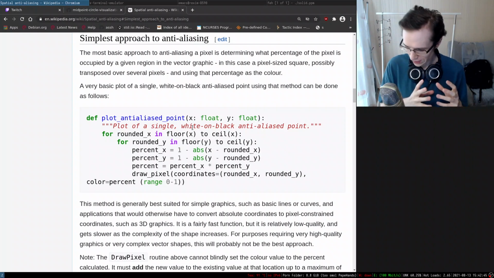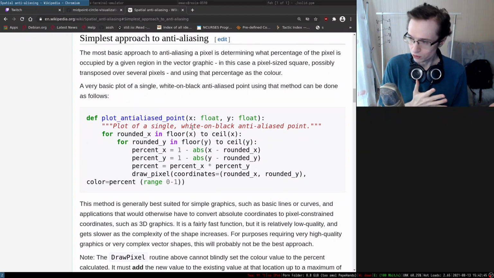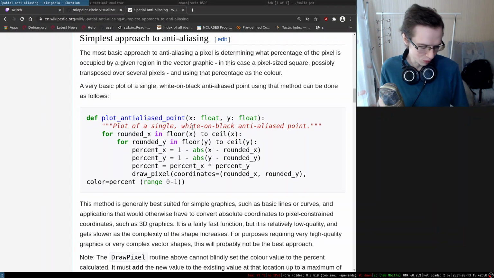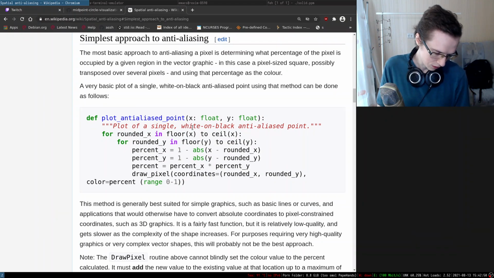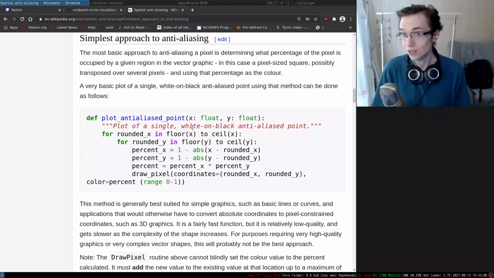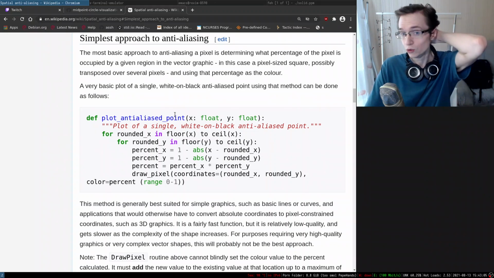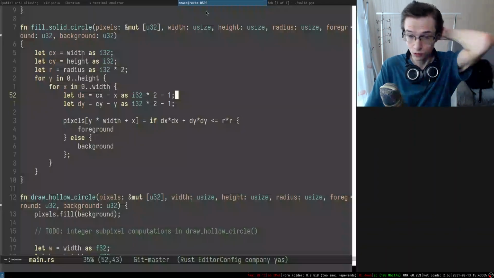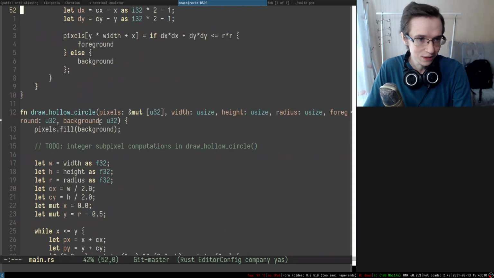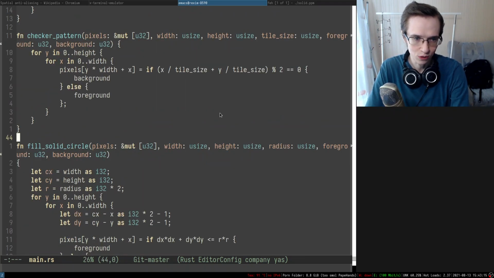And based on that, we can, for instance, dim the color of the pixel, or maybe put some sort of alpha in there, and then maybe achieve some sort of anti-aliased effect. So that's basically the goal of today's session, because it sounds relatively simple, and I wonder if it's going to be also effective. So let's go ahead and start working on that.